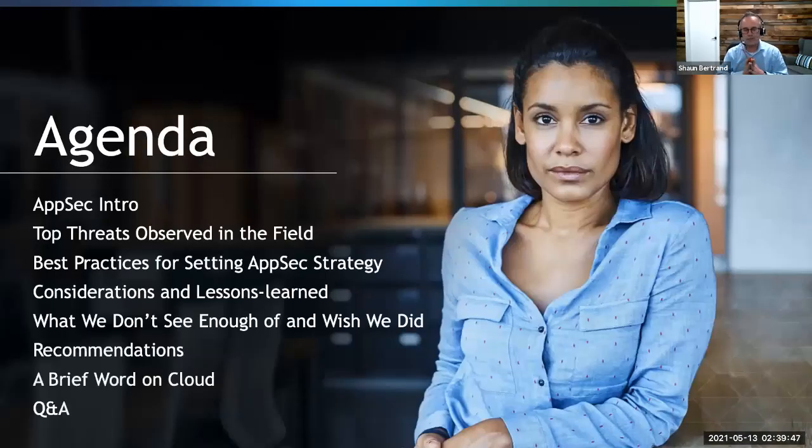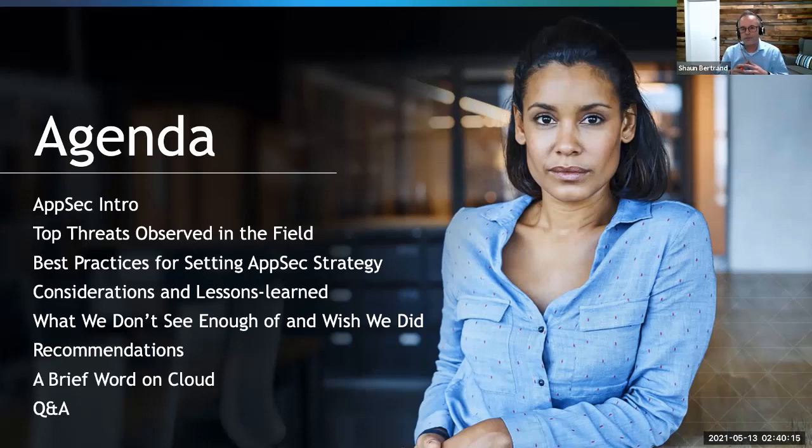All right, moving on to our agenda. This is what we're going to be covering: a pretty well-rounded discussion on application security. We'll talk about some of the top threats that we observe in the field. We're going to keep this both strategic and tactical. We'll talk about strategies, recommendations, and the things that we should be doing. Andrew's going to share some tactical cool stuff, observations that we see in the field, some exploits, and essentially what that amounts to: when we capitalize on a vulnerability or an exploit, what's the output?